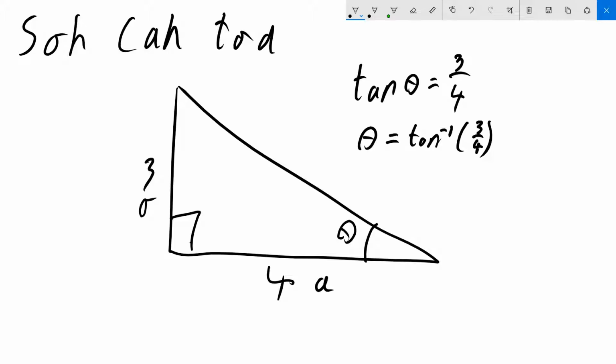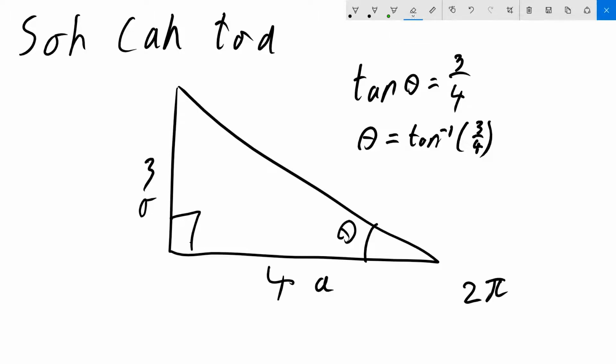So, a couple things to be aware of. There are 3 different ways of expressing an angle. The most common one is the degrees. So there's 360 degrees in a full revolution of a circle. But there's also something called radians, where 2 pi is a full revolution.